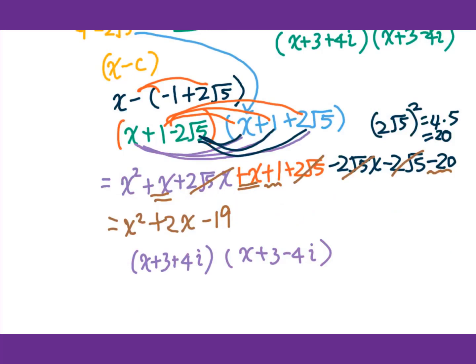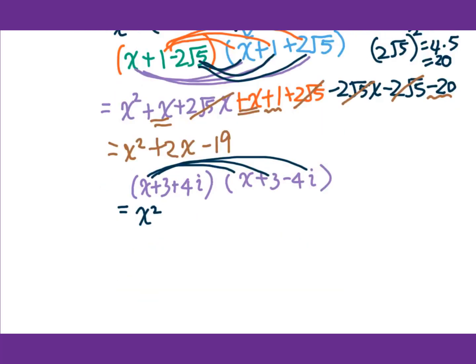Now let's do the FOIL for these two factors. We have these. You get x squared plus 3x minus 4ix. These, you will get plus 3x plus 9 minus 12i.